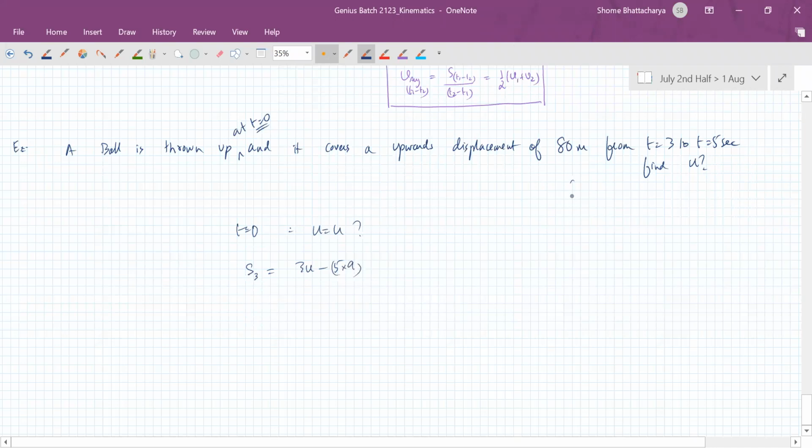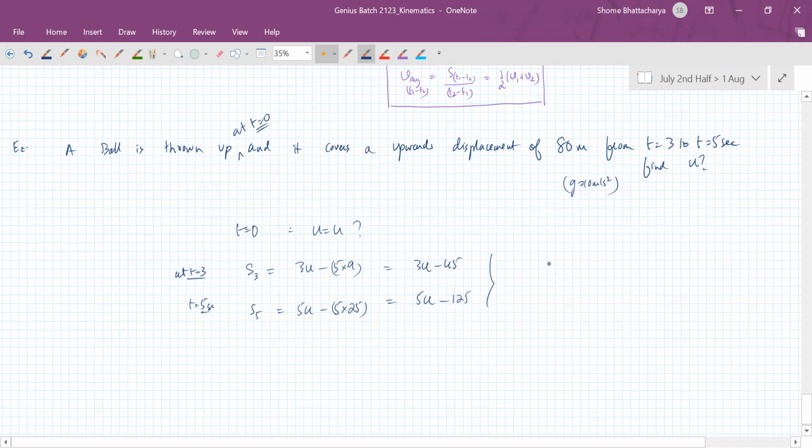I'm taking g as 10. Sorry, I should have told you before, but just assume it's 10. And at t equal to 5 seconds, my displacement would be 5u minus 5 into 25. So this is 3u minus 45, and this is 5u minus 125.